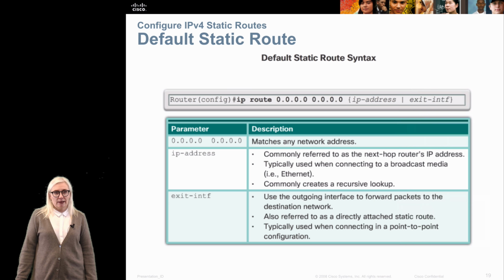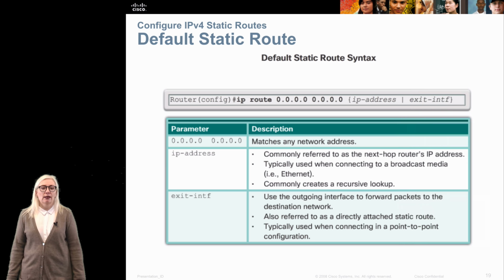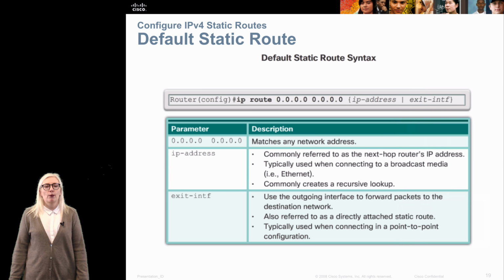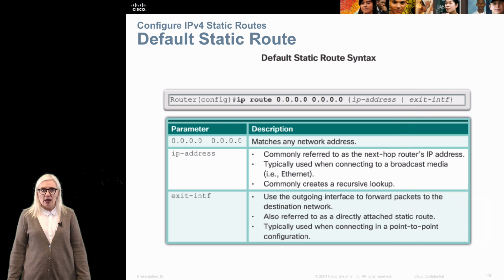A default static route, also called a quad 0 route, is where I route to 0.0.0.0 and 0.0.0.0 as the subnet mask. This means all networks. So it's like the default gateway, but a default route.